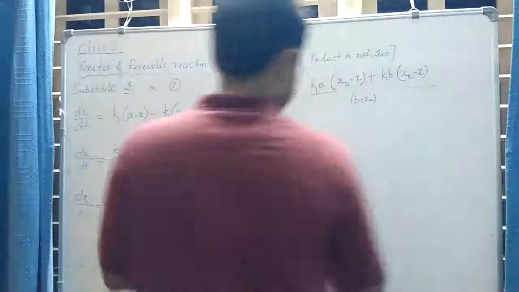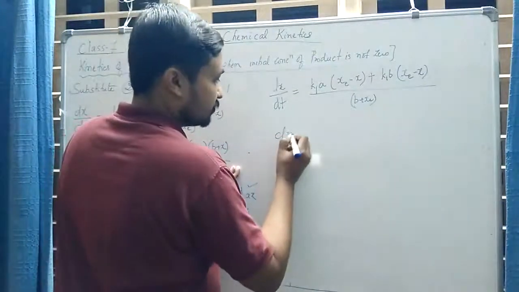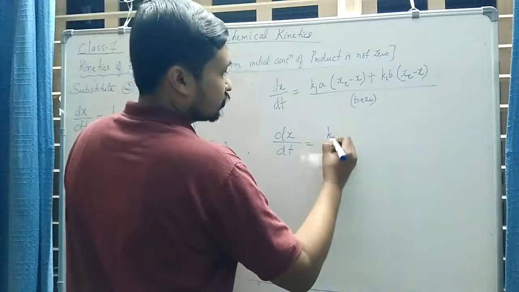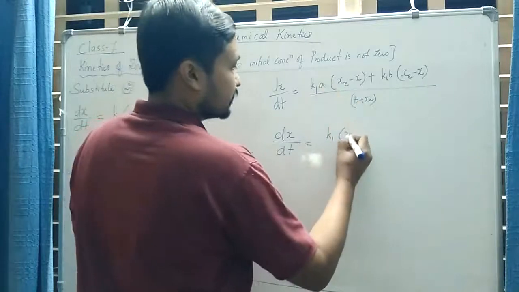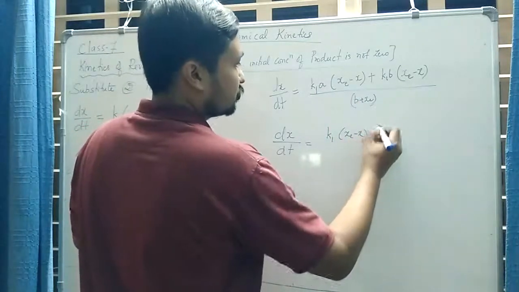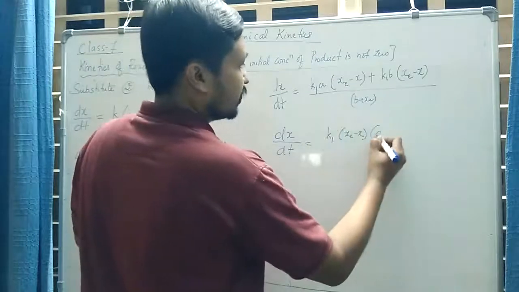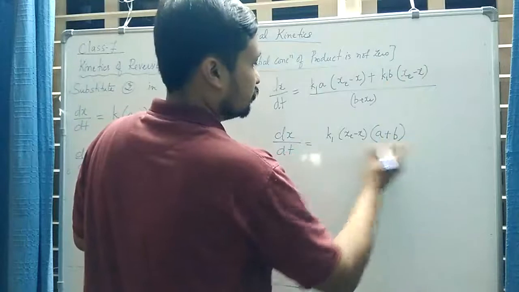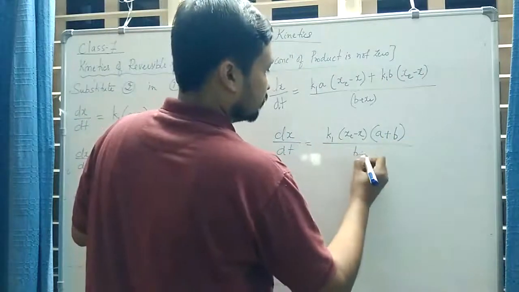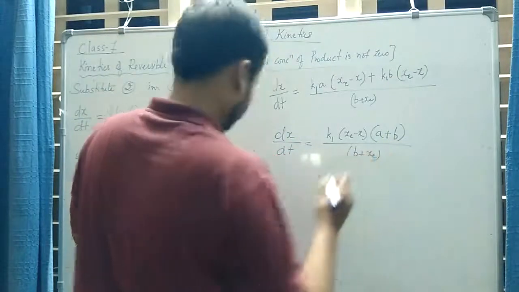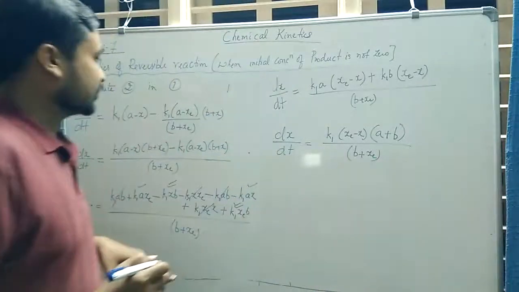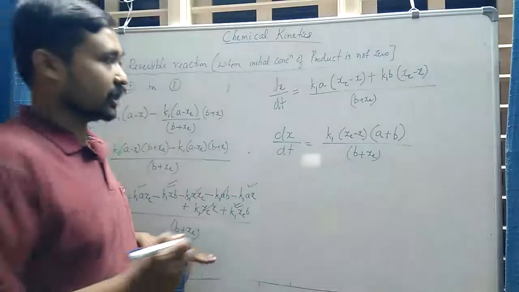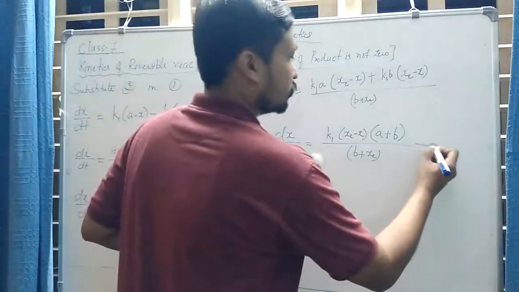So dx by dt is equal to k1 is common, (xe minus x) is common, so you are left with the term (a plus b), into (xe minus x), divided by b plus xe.